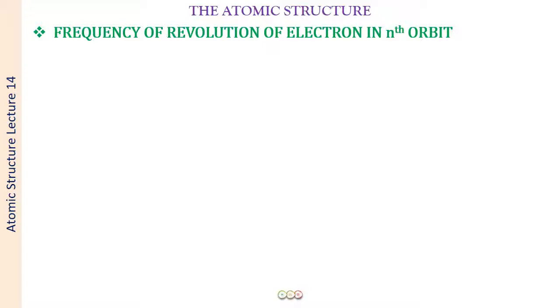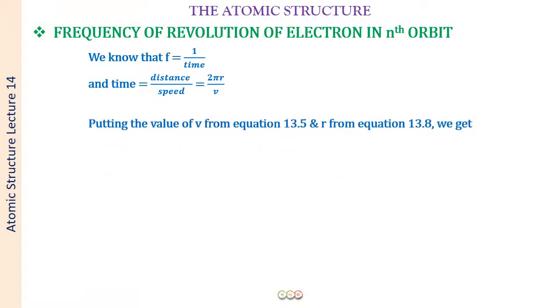Now, one important expression that we can also calculate is the frequency of revolution of the electron in the nth orbit, or the number of revolutions is what I mean here. How many times in a given time the electron can revolve in the nth orbit. So we know that the frequency of revolution is 1 over time, right? And time is nothing but distance over speed, and distance for the orbit, because it's a circular orbit, is 2 pi r divided by v.